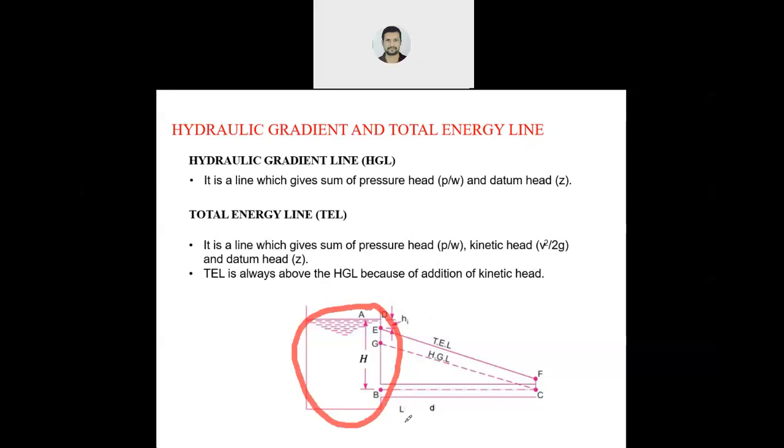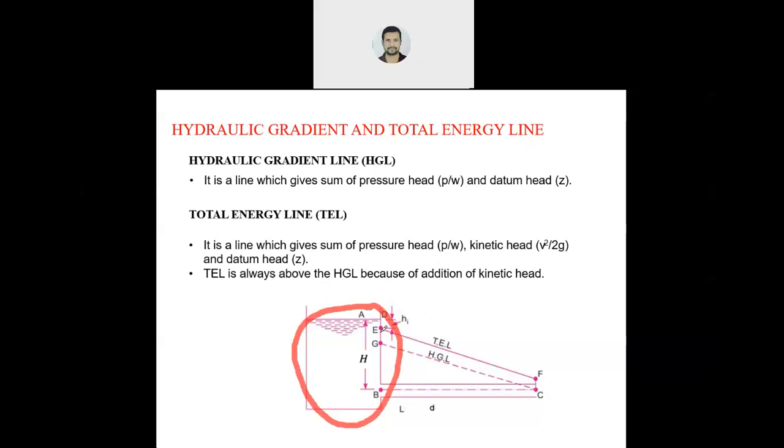Length of the pipe is L, diameter of the pipe is D. Now, the distance from the free surface to the start of the pipe, point A to point B, is given by H. So we draw HGL, and parallel to HGL, we will draw TEL.